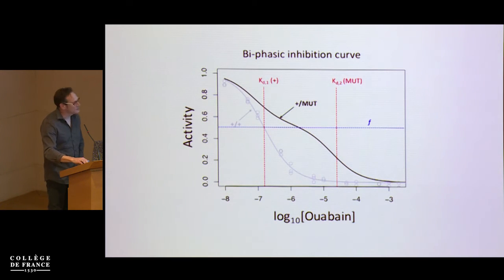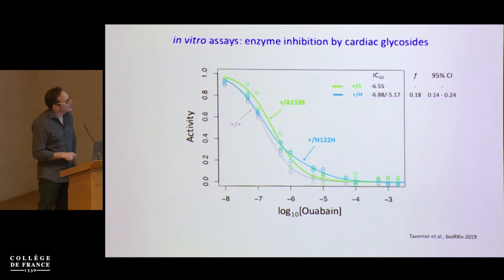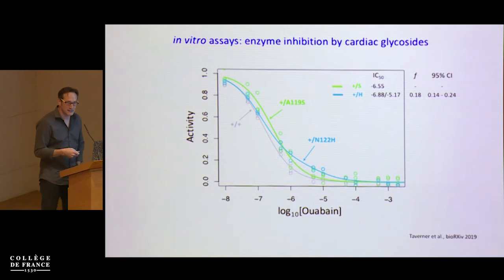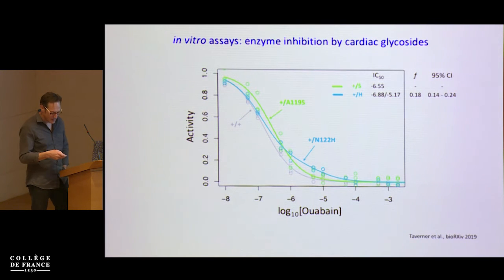And so applying this to our panel of substitutions, first A119S shows this monophasic curve, which is not very much displaced from the wild-type form. That suggests A119S doesn't do much at all to cardiac glycoside sensitivity. We didn't think it should. But here's a surprise.